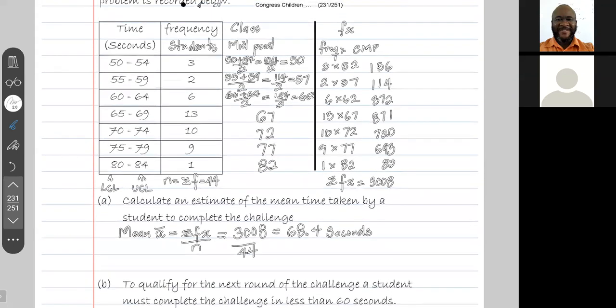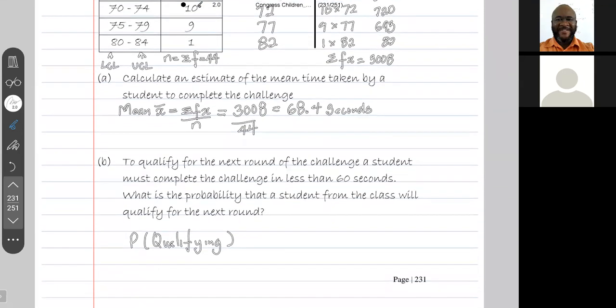So first, let us see how many persons took less than 60. It's only 5 persons, these 5 persons. They are the only persons who took less than 60 seconds to complete the challenge. So the probability of qualifying is 5 out of 44. I also like to write it as a decimal and as a percentage.